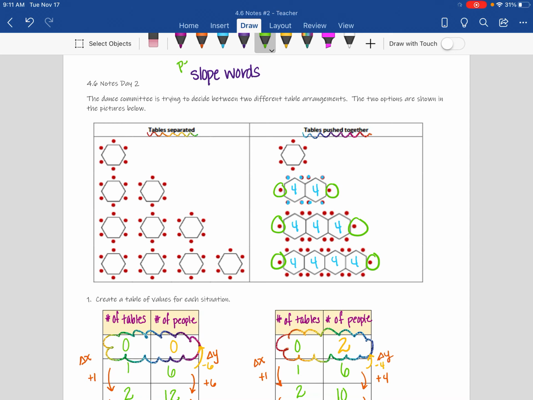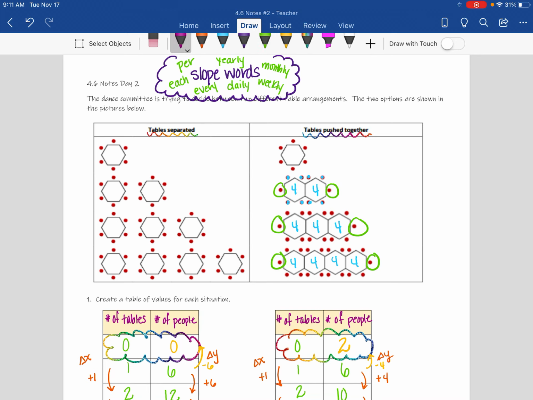Those words are per, each, every, daily, weekly, monthly, yearly. Anytime you see any words like this, that number that they're attached to is your slope. Okay, and that's going to be important on tonight's homework.